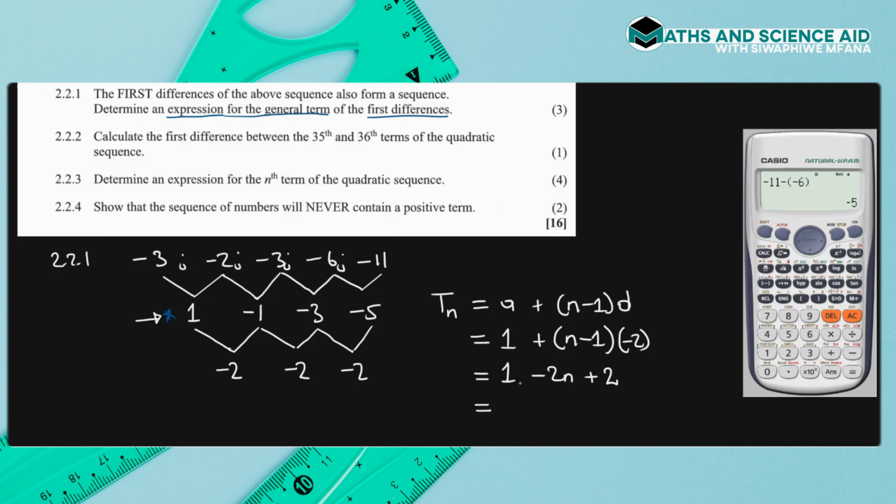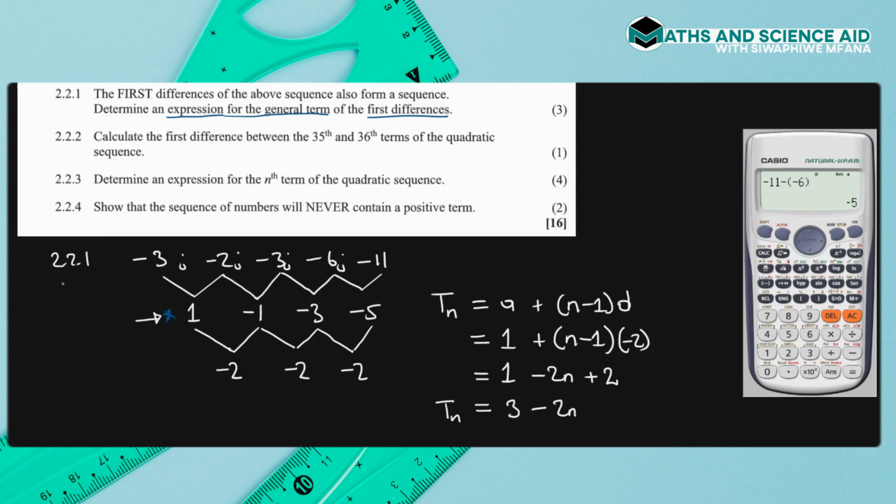So that is 1 plus 2, which is equal to 3. So the expression for the general term of the first differences is Tn equal to 3 minus 2n. So that is how you can answer 2.2.1.